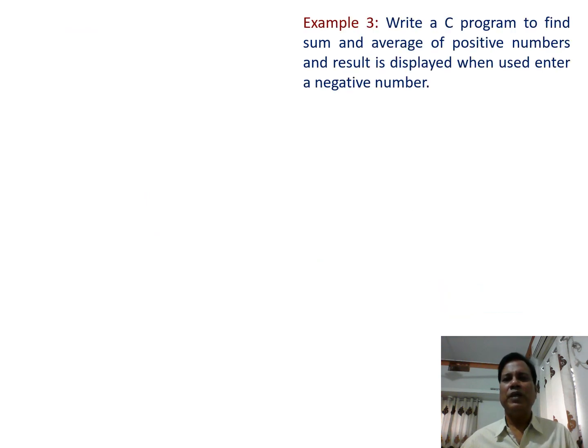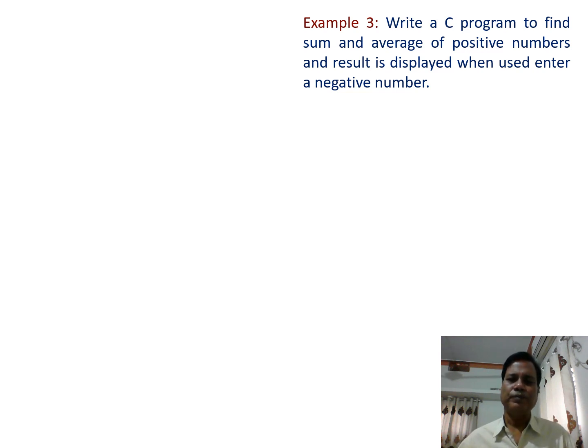Now in the next example, we have to write a C program to find the sum and average of positive numbers, and the result is displayed when the user enters a negative number.